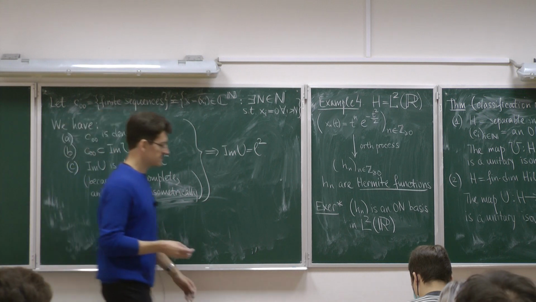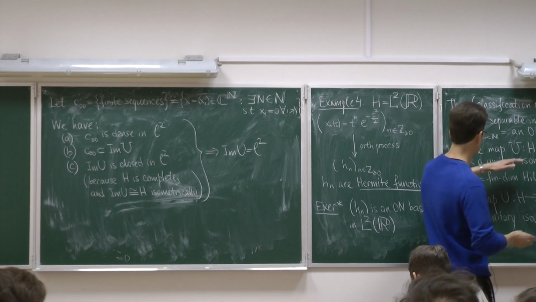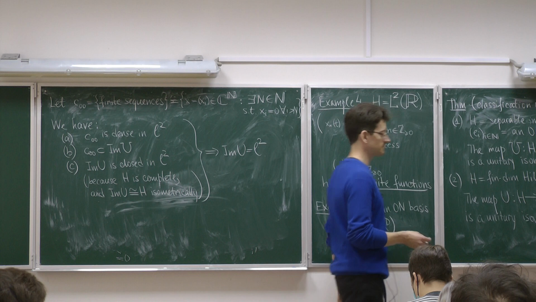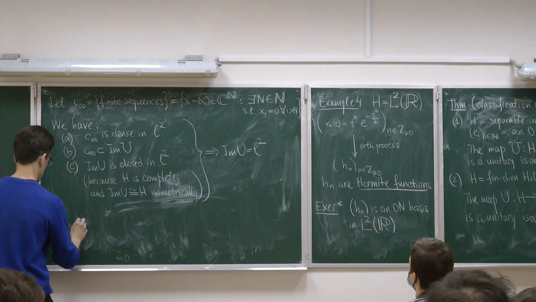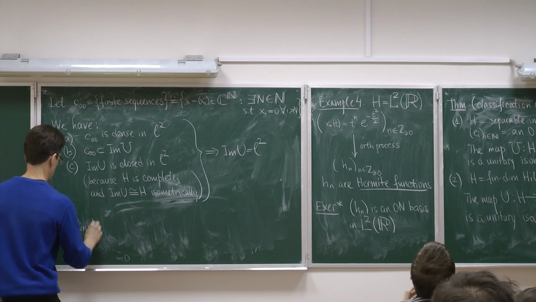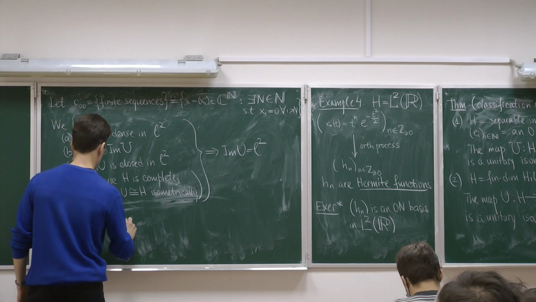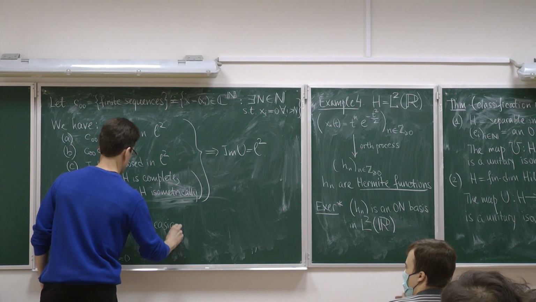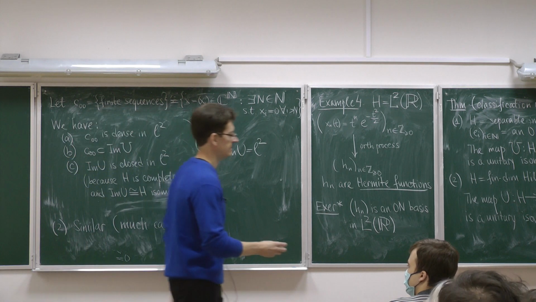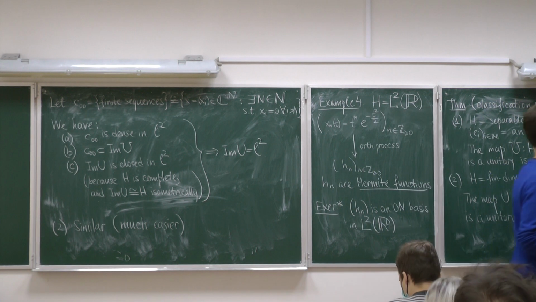Okay, so this completes the proof in the infinite dimensional case. The proof of part 2 is similar, and in fact it is much easier than the proof of part 1. So we begin in the same way.